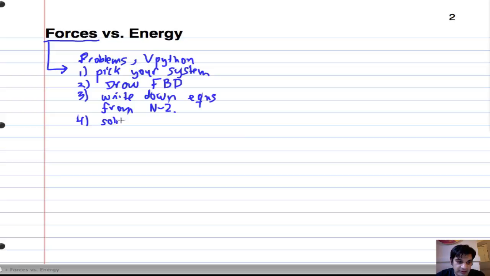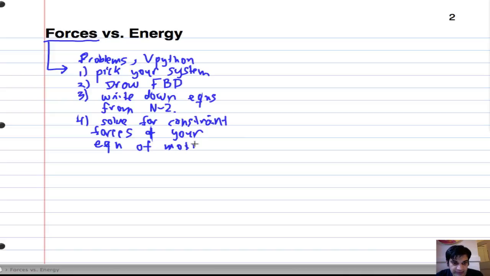And then you solve for constraint forces like tensions and normal forces, and your equation of motion. In beginning physics, all you needed for the equation of motion was your acceleration. In AP physics, we're solving for things like the velocity as a function of time, or the position as a function of time.